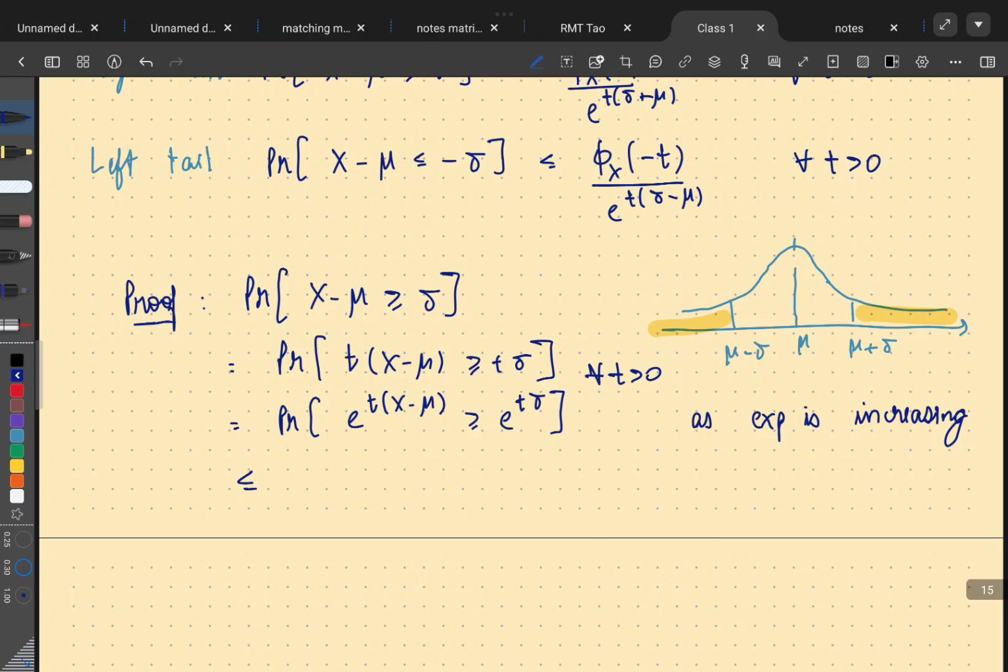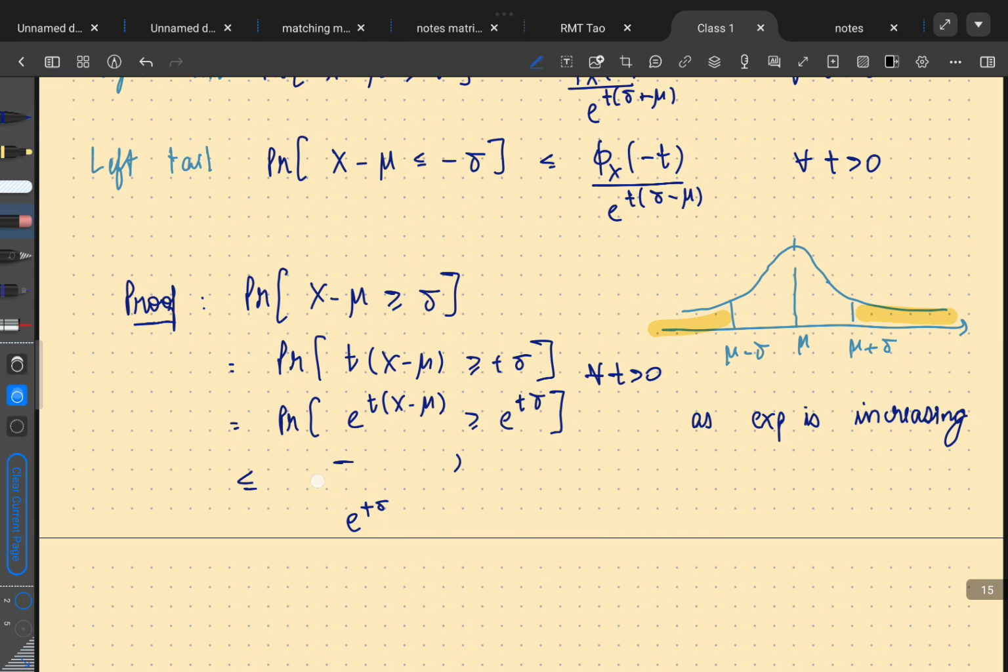Now, all I have to do is apply Markov's inequality. So this is less than or equal to the expectation of e raised to t times x minus mu divided by e raised to t times delta.